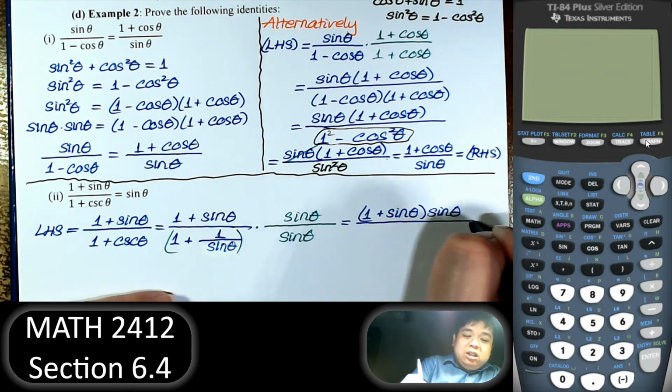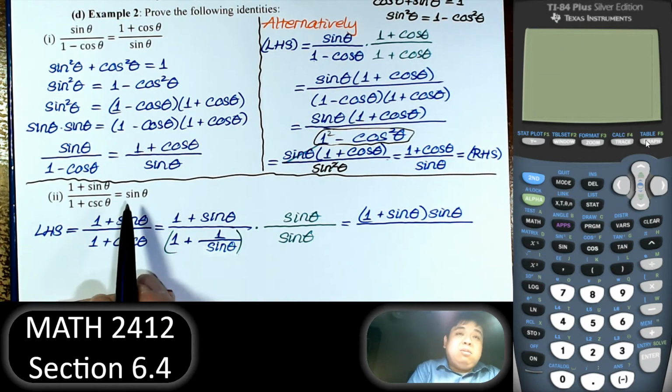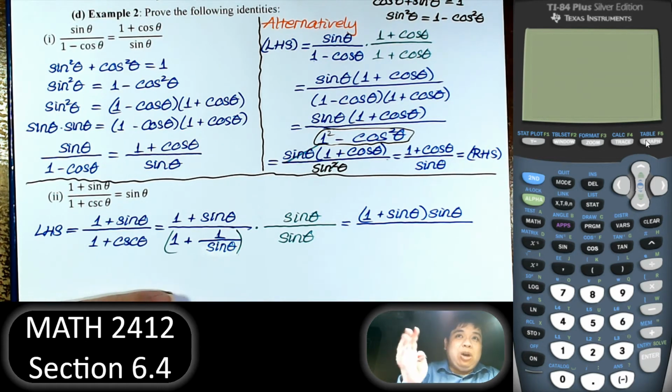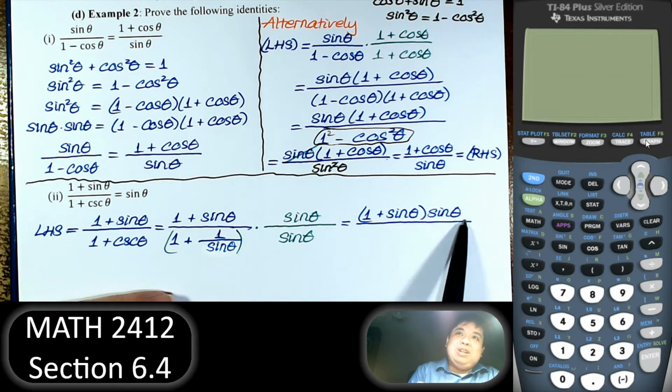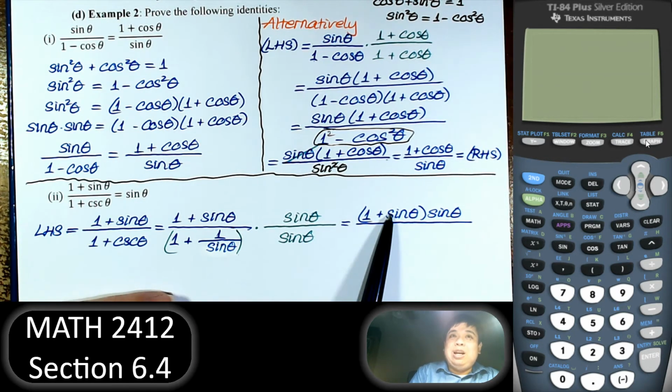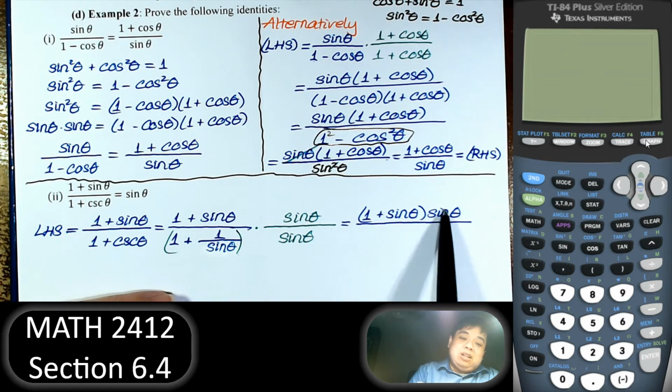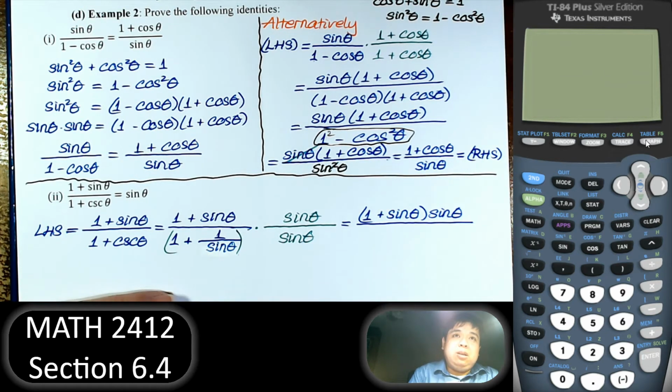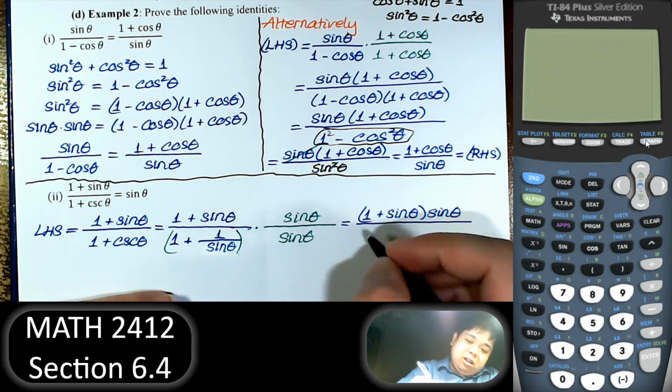Because at the end the result is equal to sine. So always pay attention to what we end up with. We have sine at the bottom, so we might want to keep this term because this might cancel out nicely. That's why I won't multiply it out yet, because at the end there should be a sine, and that's what we have.